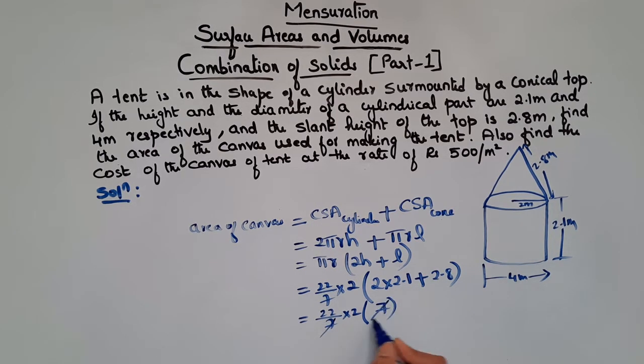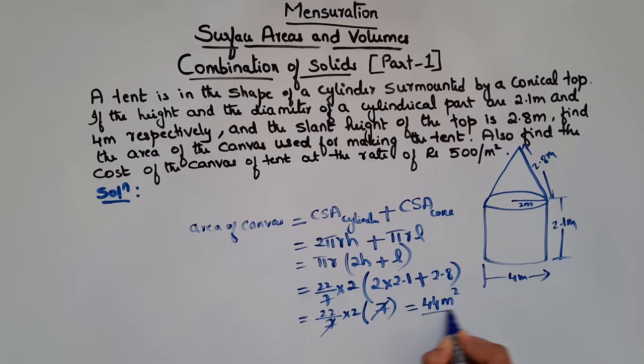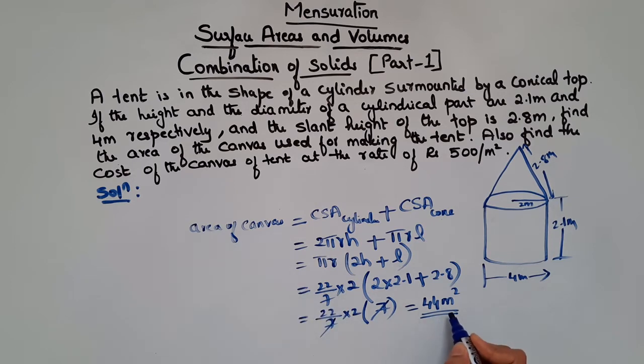So 7 and 7 is gone, which is equal to 2 into 22 is 44. Its area, so it is meter square. All the units are in meter, so meter square. So the area of the canvas required is 44 square meter.